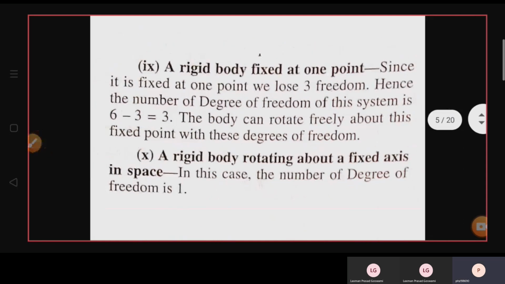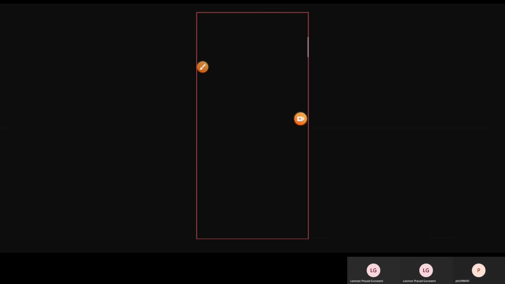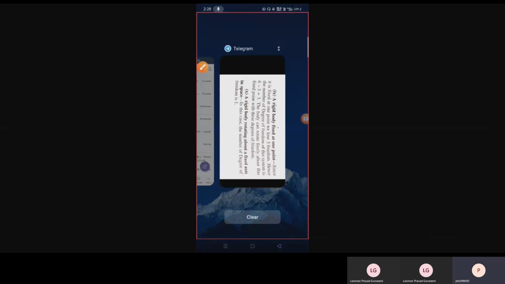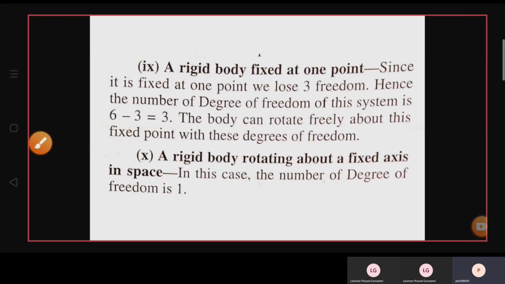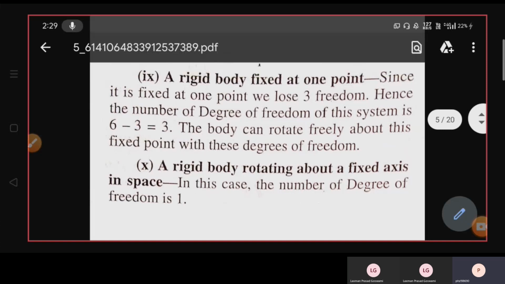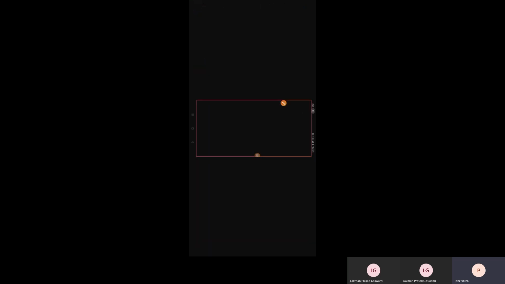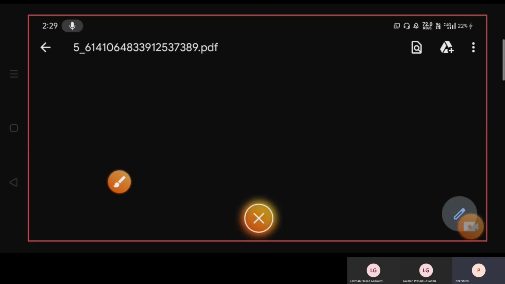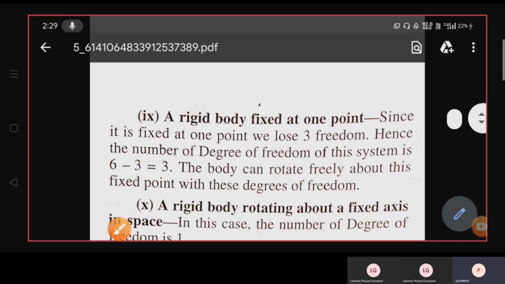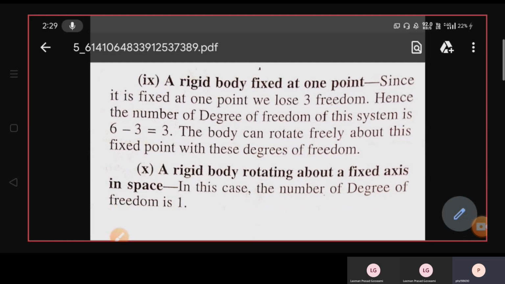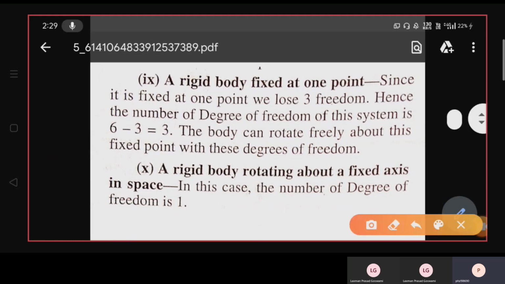Now, if the rigid body is not free, and it is fixed at one point, since it is fixed at one point, we lose 3 degrees of freedom.